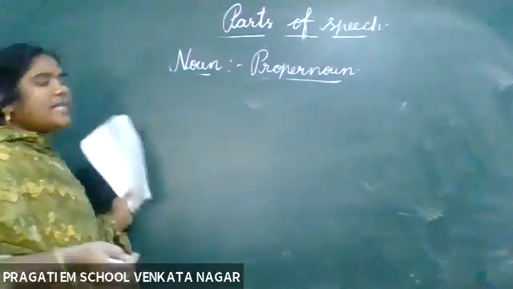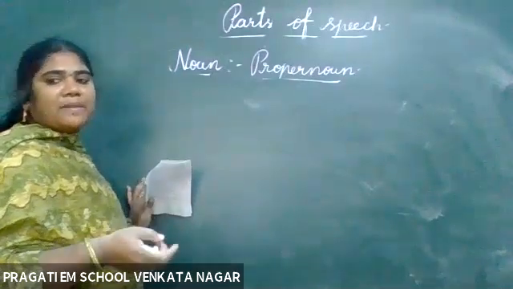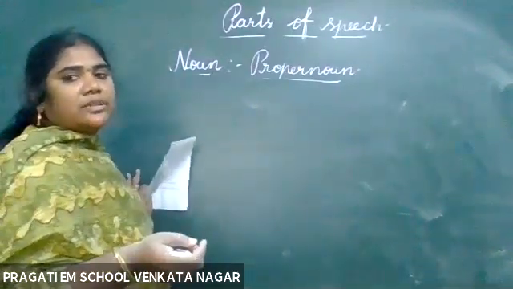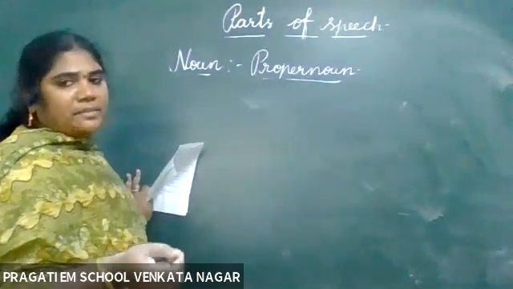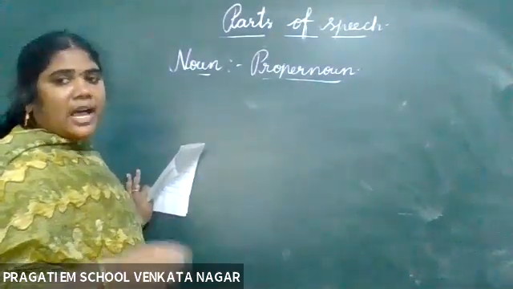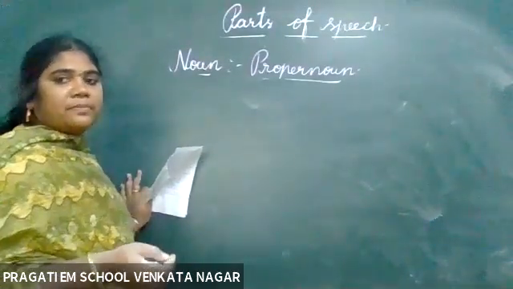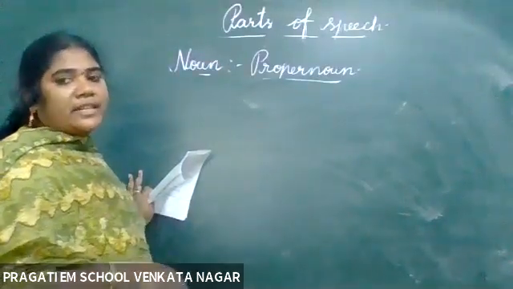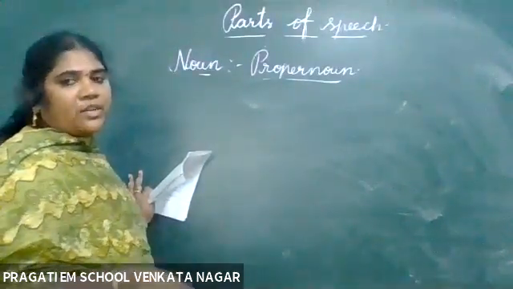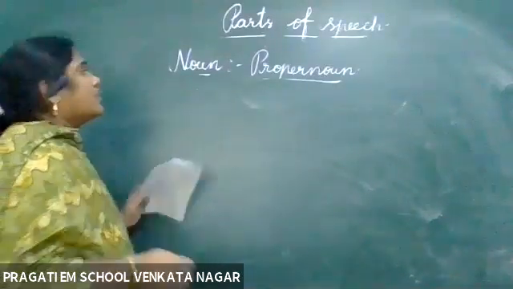Things also: pen, pencil, eraser. Animals: cat, dog, elephant, lion, tiger. And places: house, park, classroom, room. Even where you're staying, your village or city or town, is also a place.